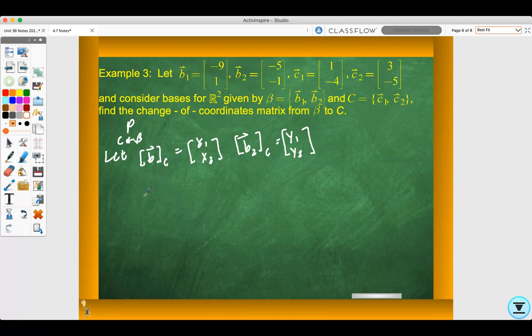So then we would have C1, C2 times x1, x2 equal B1, and we would have C1, C2 times y1, y2 equal B2.